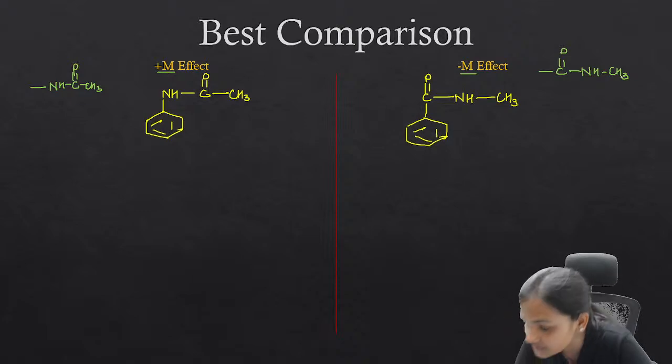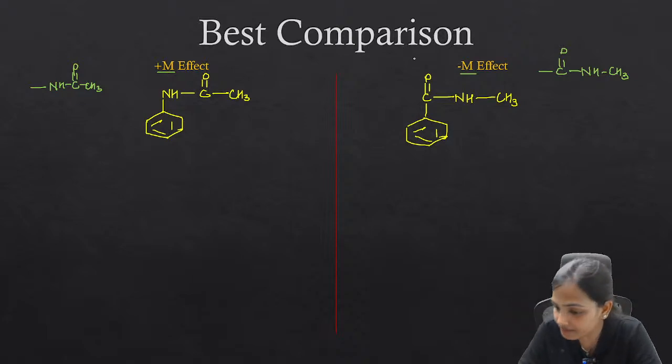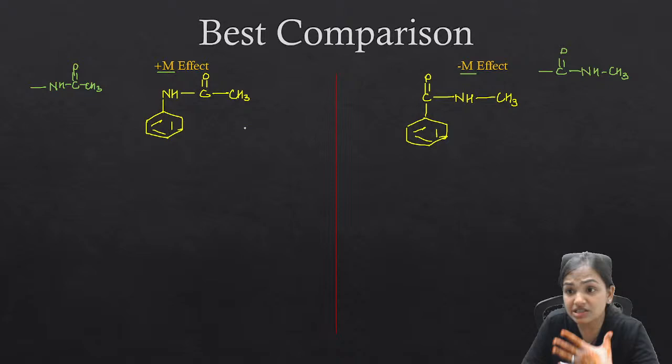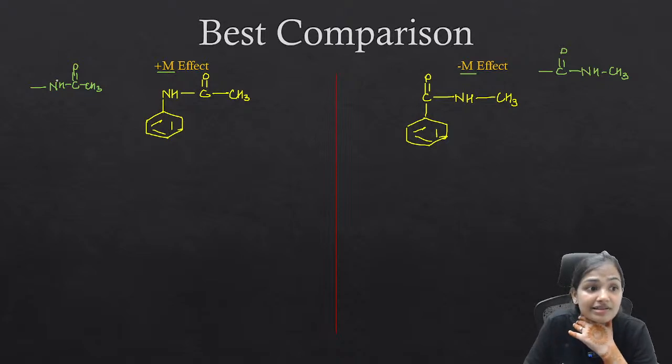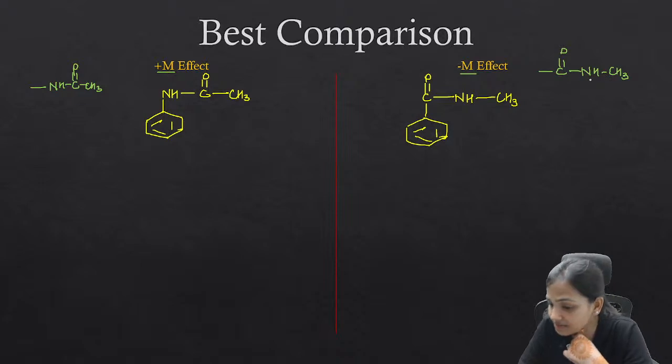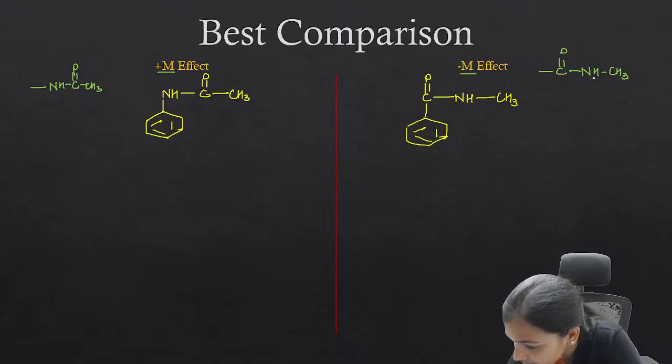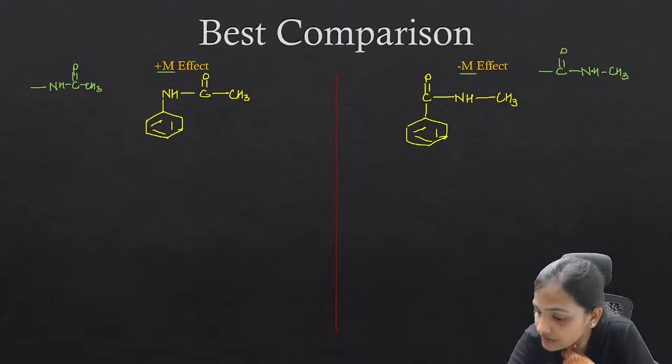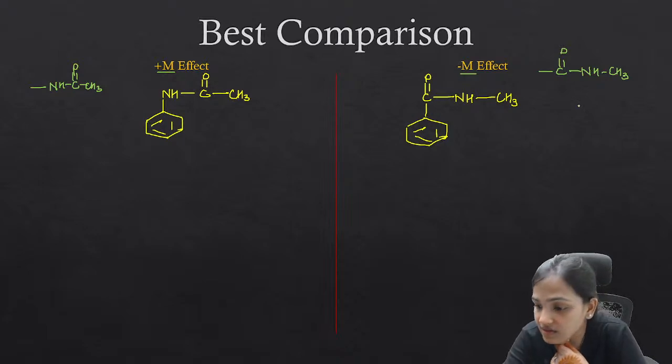There is a much difference. This is a kind of amide and this is a kind of methylated benzamide. O will be O negative and will cause different charge on the atom attached.